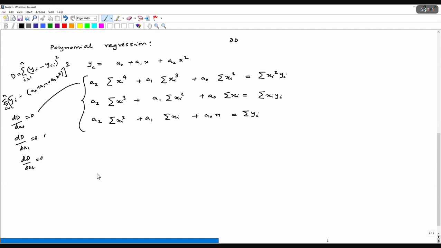So each one of these will give you a corresponding equation. By solving these three equations, you have three unknowns, so you can find a2, a1, and a0, depending on your data.